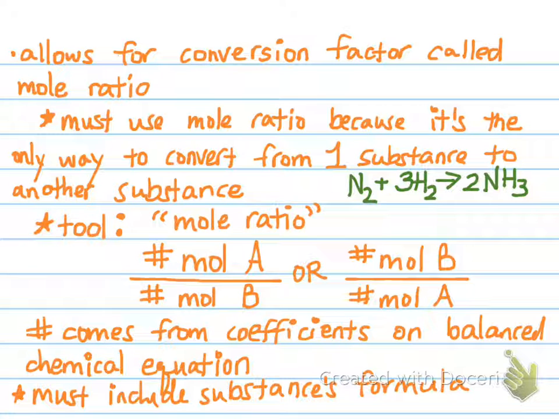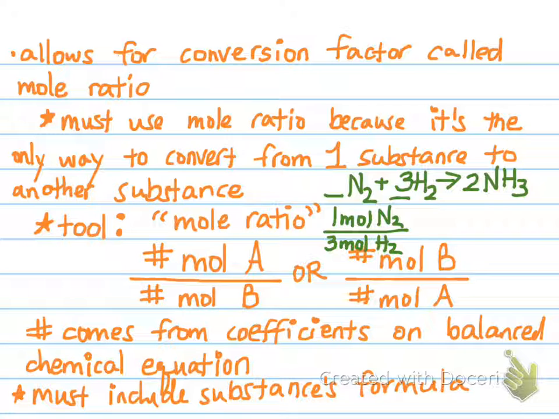The mole ratios for this, we can do quite a few of them, but there are definitely three that you could flip. 1 mole of nitrogen to 3 moles of hydrogen. And again, the number in front of moles of nitrogen came from the coefficient on nitrogen. The number in front of moles of hydrogen came from the coefficient. So that's one that I could flip.